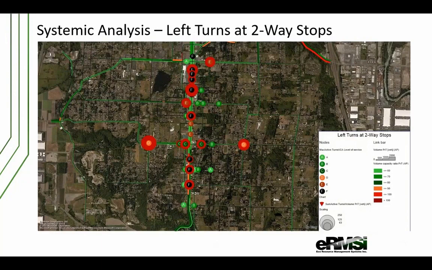But what had hit me after that was that within Visum, we can actually plot with the chart option the locations where we have the highest number of left turns at the stop signs, essentially.